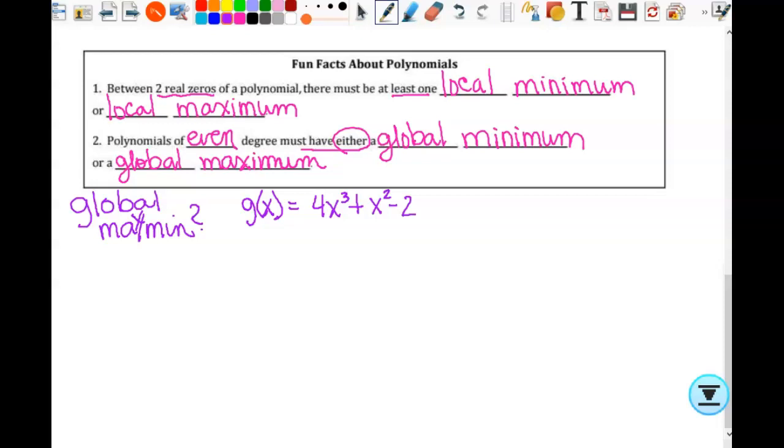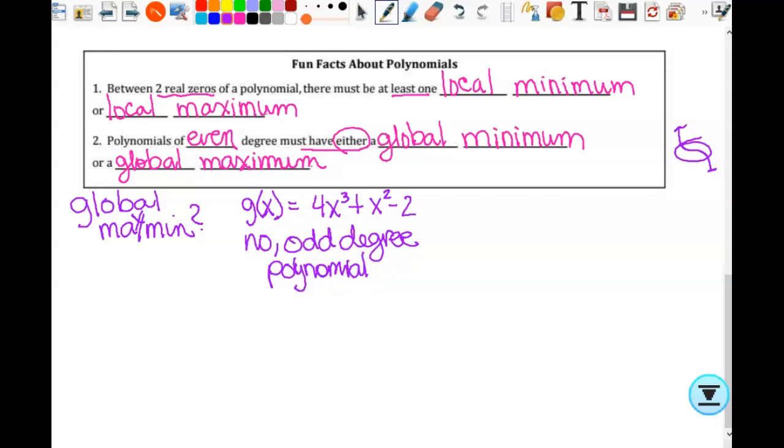So it's down, up, or up, down. So can it have one at all? No, because if one side of it is going up and the other side's going down, then I can't have an absolute max or a min, right? No matter what's going on in here, no matter what kind of other wiggles there are. So here, this is going to be no, and my reason is this is an odd degree polynomial.